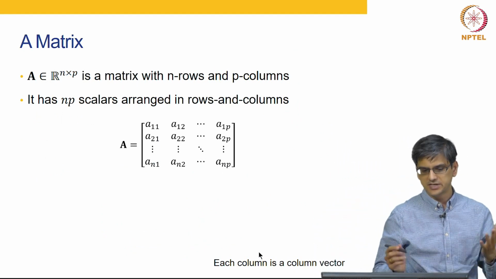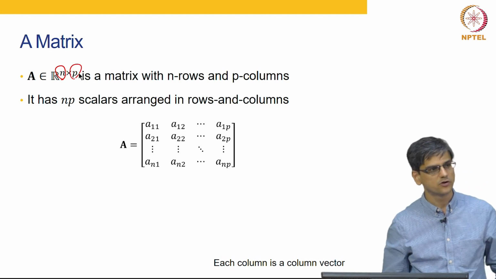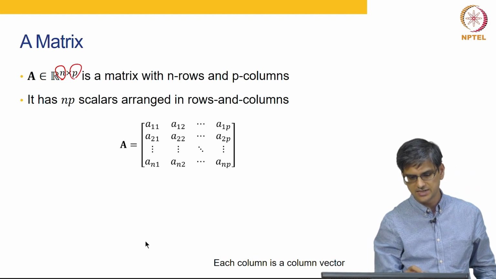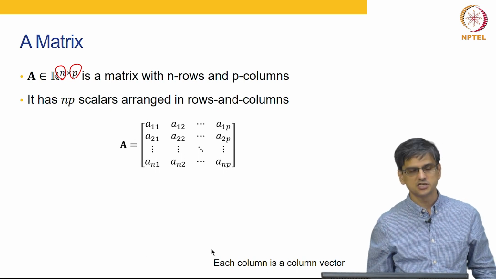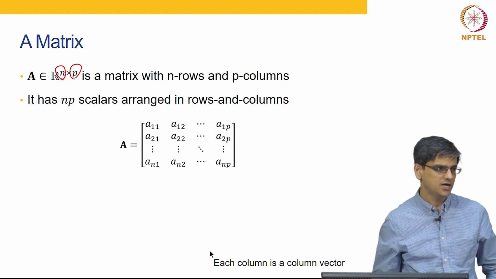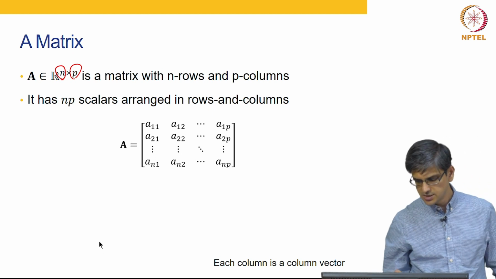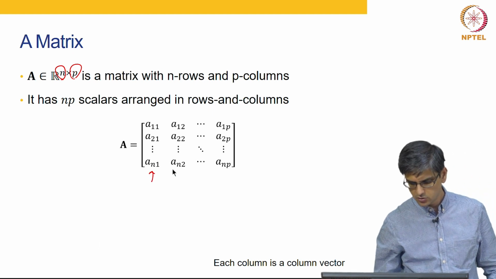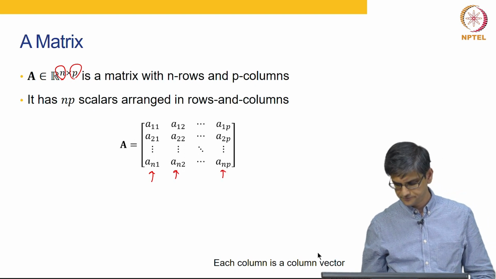Matrix. A matrix is n number of rows, p number of columns. So, it has n multiplied by p scalars arranged in rows and columns. In addition to that, sometimes we do not teach this in 11th and 12th, but definitely we teach this in undergrads, that each column itself forms a column vector.